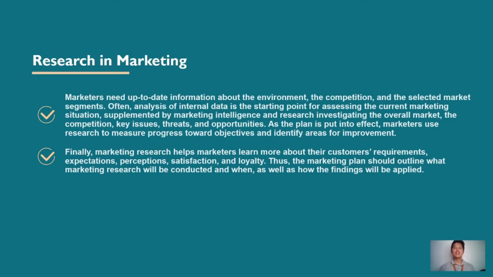As the plan is put into effect, marketers use research to measure progress towards the objective and identify areas for improvement. Research gives insight to marketing officers about what is happening on the ground and the environment upon which you as a company are operating.